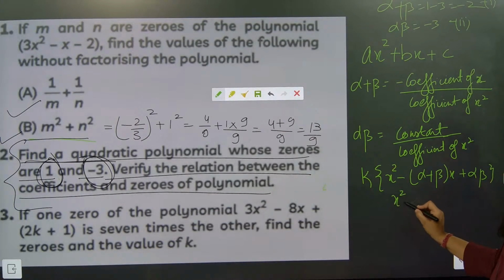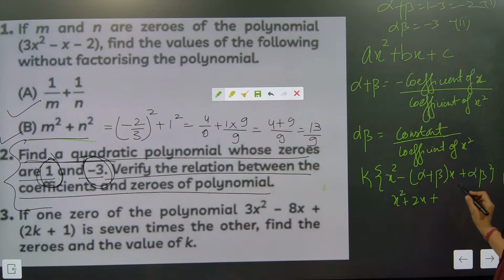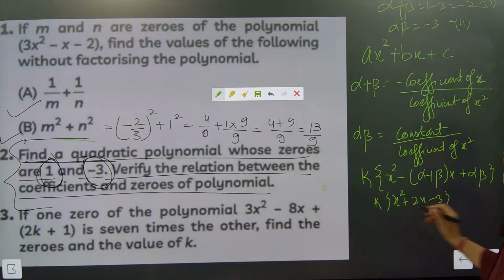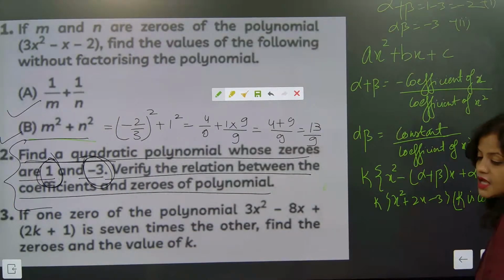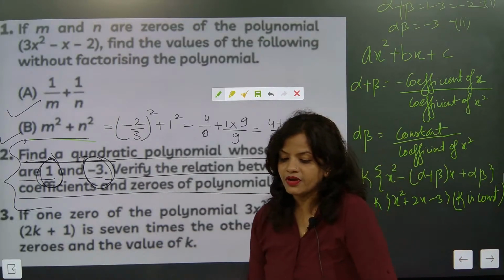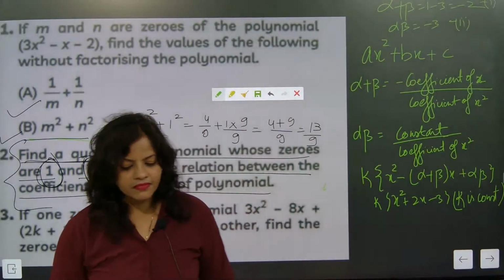So x square minus of minus 2, means 2x, plus or minus minus 3. So this is the quadratic polynomial, and don't forget to write that k is constant. Otherwise we will lose marks, because whatever constant part will be there, it will be there.